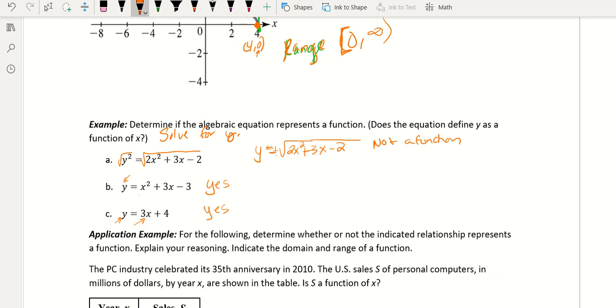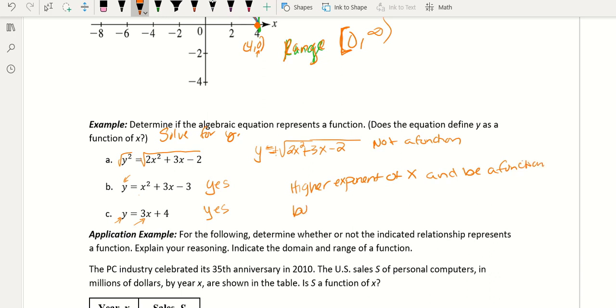Okay? So the way that I've remembered it is I can have a higher exponent of x and be a function. All right?